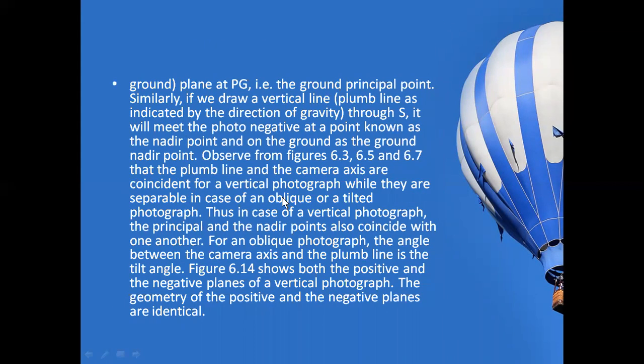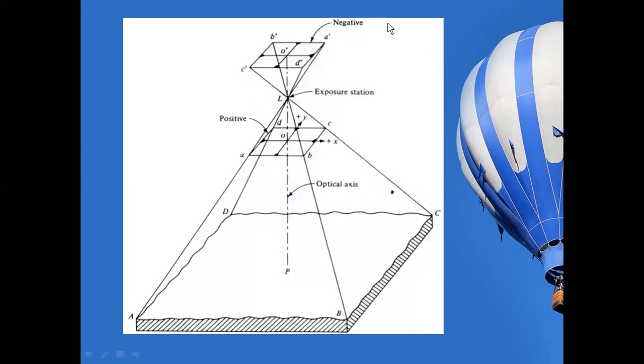See here, this is the camera lens, and this is the camera sensor, with the focal length. Here the vertical aerial photograph captures the entire land area. This is the vertical imagery, for example.